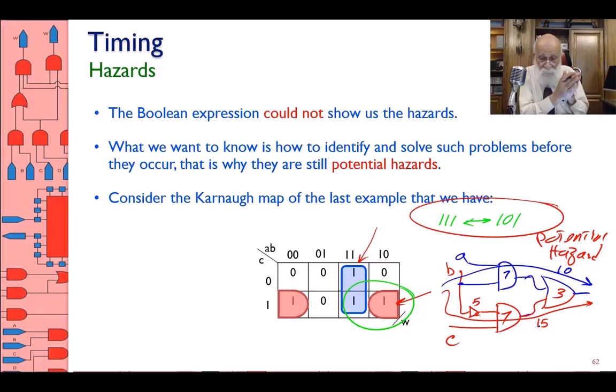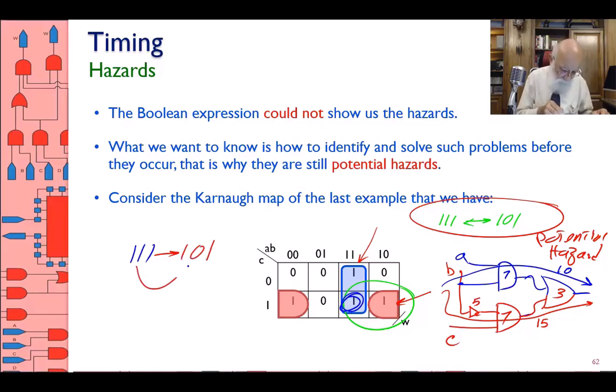When I'm changing from the shorter path to the longer path, the shorter path means ABC is 1, 1, 1. That means I'm changing to the longer one, which is 1, 0, 1. That means if B changes from 1 to 0, I'm going to get a hazard.